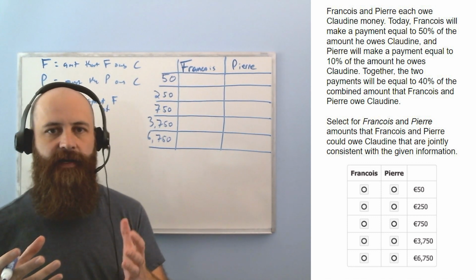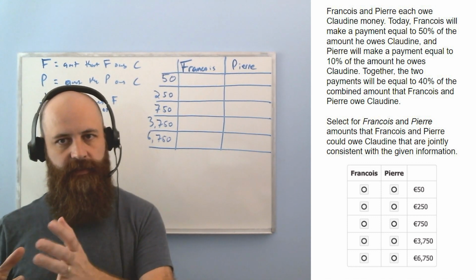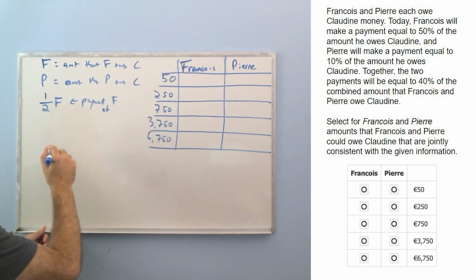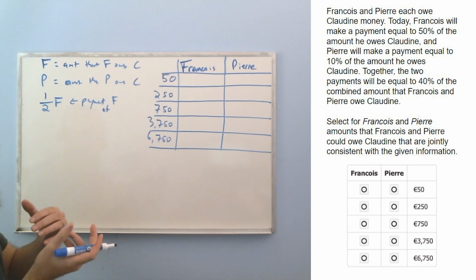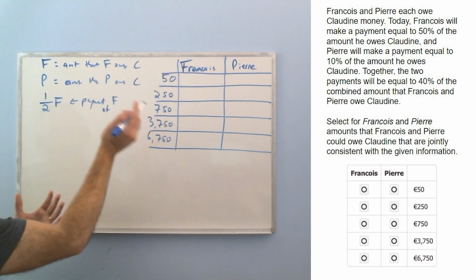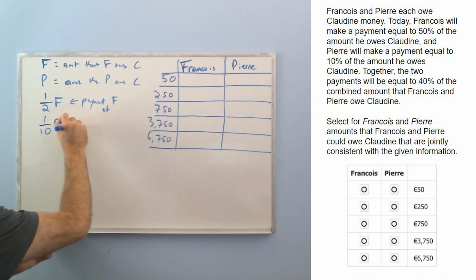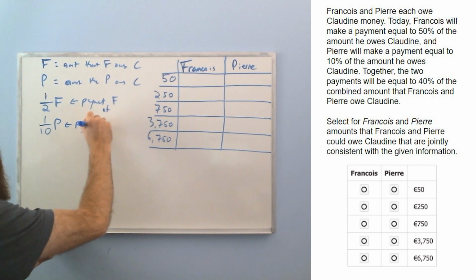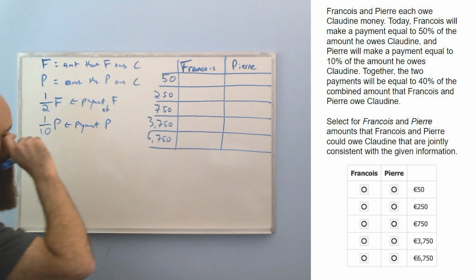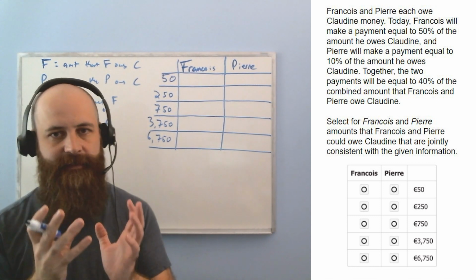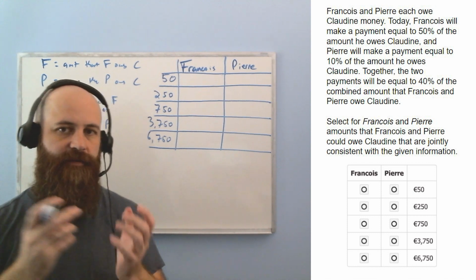Okay, what's next? Pierre will make a payment equal to 10% of the amount he owes Claudine. Okay, great. So Pierre is going to pay 10% of what he owes. He owes P, so he's going to pay 1/10 of P. So that's the payment that Pierre is going to make. All right, so I'm just going through methodically translating this language into expressions and seeing where it leads.